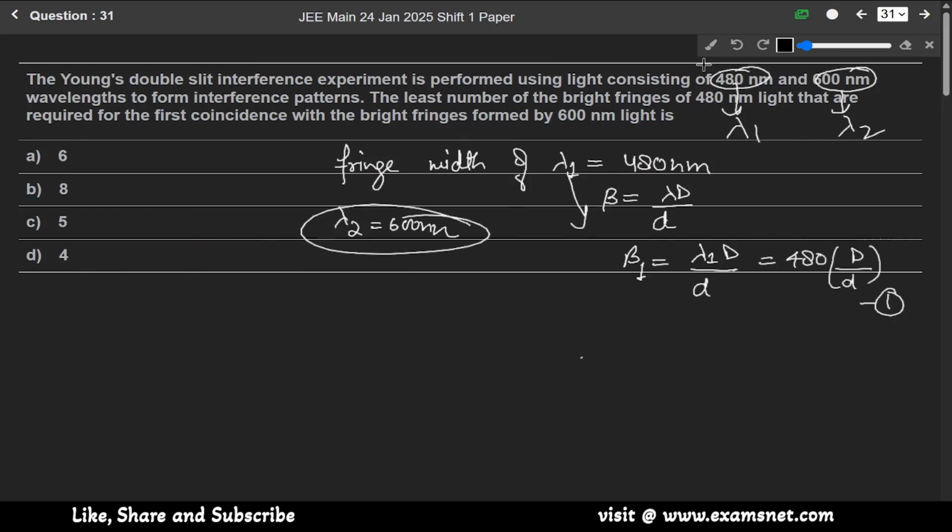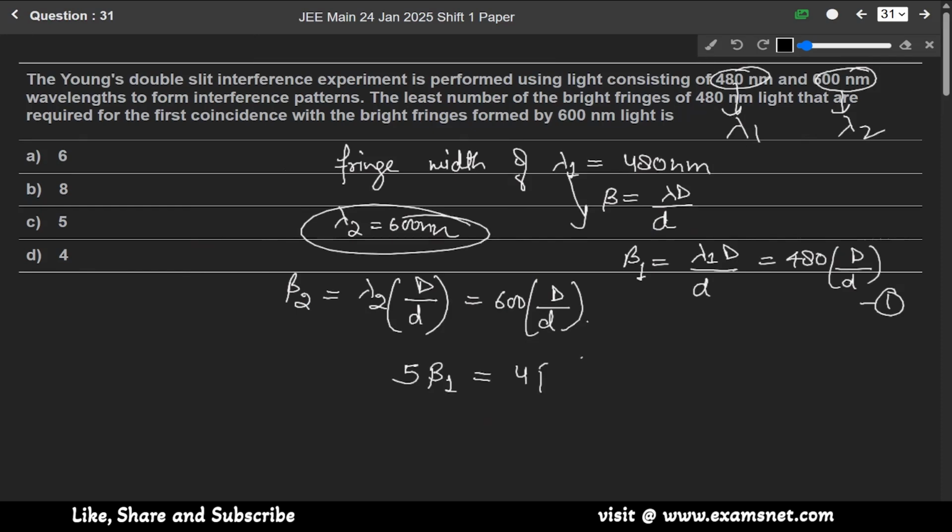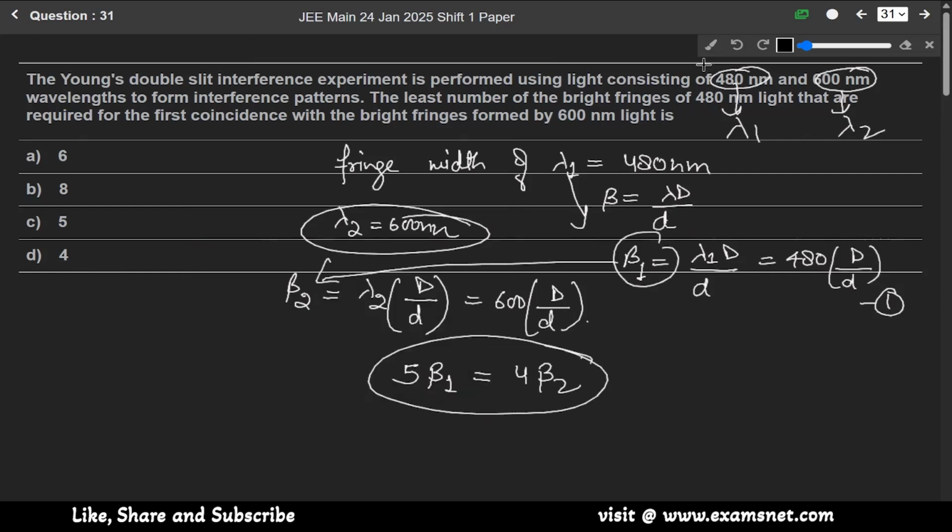Now for lambda 2, we can write beta 2 is equals to lambda 2 capital D over small d. So it will be 600 D over d. Okay. So from here we can clearly see that for minimum value, 5 into beta 1 will be equals to 4 into beta 2.